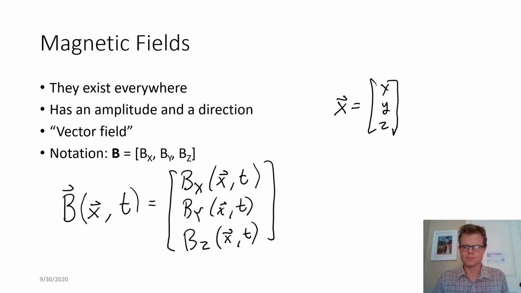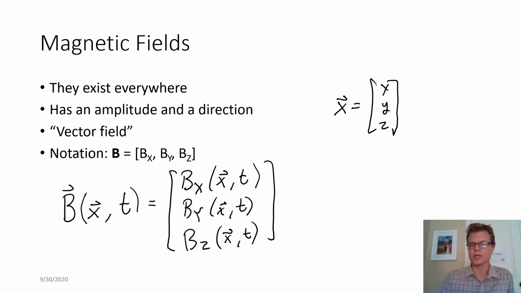So as a brief refresher, magnetic fields exist everywhere. They have an amplitude and a direction, so therefore, they're a vector field. In other words, at every point in space, you can represent the direction of the magnetic field by a vector, the direction and an amplitude.